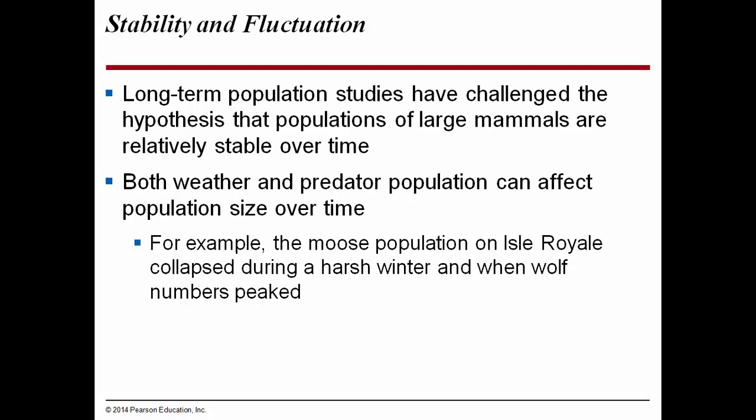That's very popular. Isle Royale is up in Lake Michigan, and there's a population of moose and wolves there, and they have a dynamic interaction where when the moose population peaks, the wolf population will also increase, and when the wolf population increases, they cause the moose population to decrease, and that will decrease the wolf population.